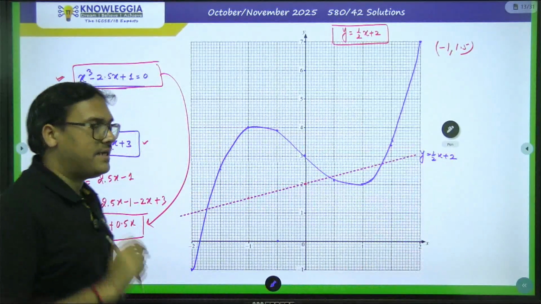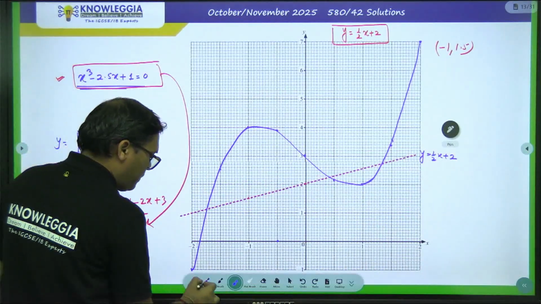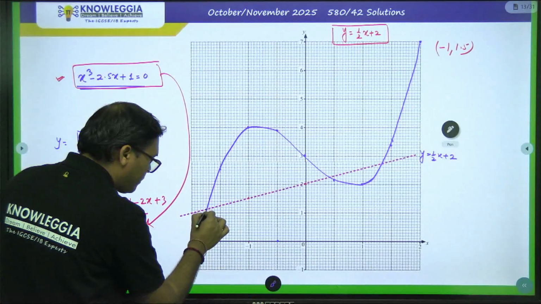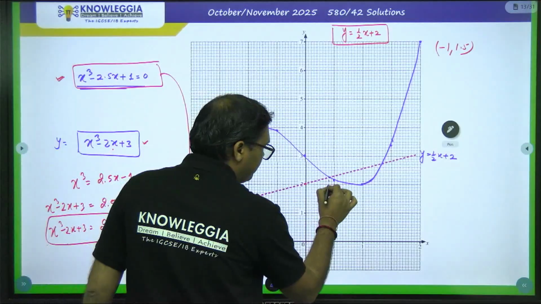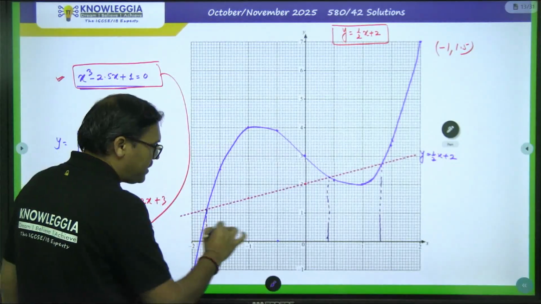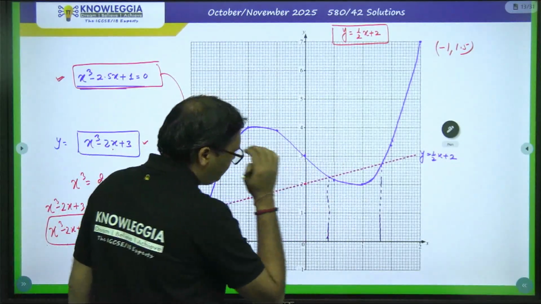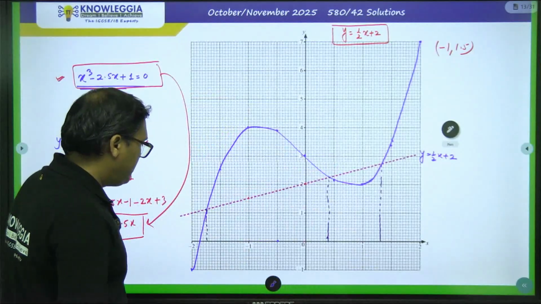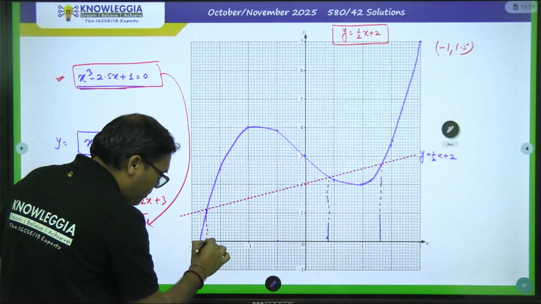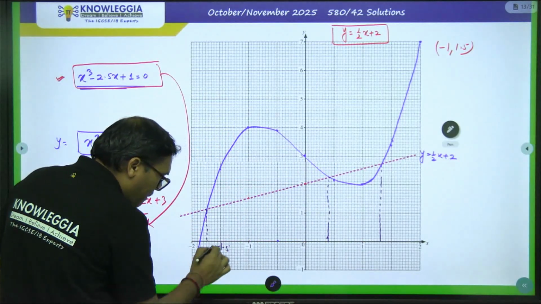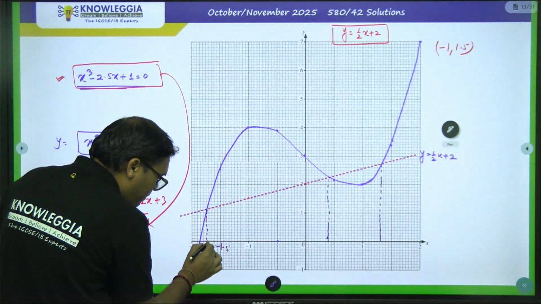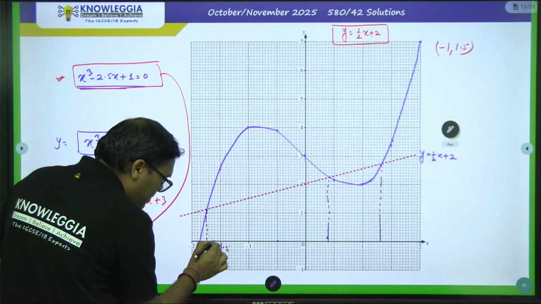Now, at which point are they intersecting? You can say this is one point of intersection. This is another point of intersection. These are the points of intersection, right? Now, let's see what this is if I approximately find it. This is minus 1.5, minus 1.6, 1.7.